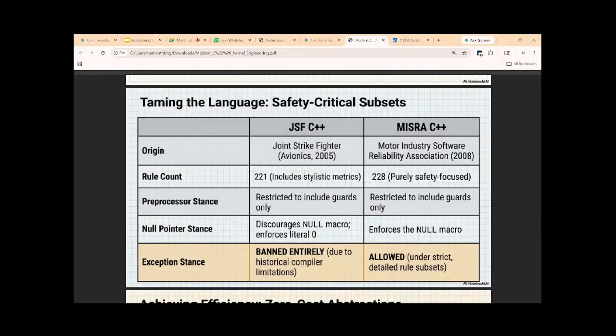Okay. You just write down the subsets of C++. We got the JSF, Misra kind of C++.